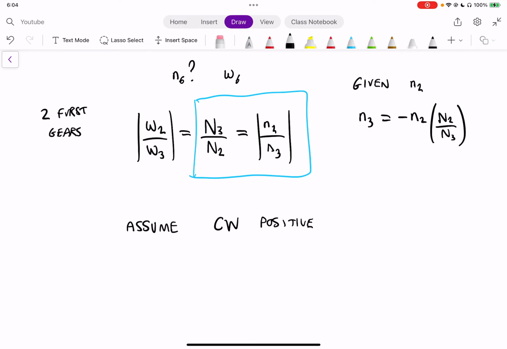And if we look at our problem, we know that n6 is going counterclockwise, so it should be the negative of n2.